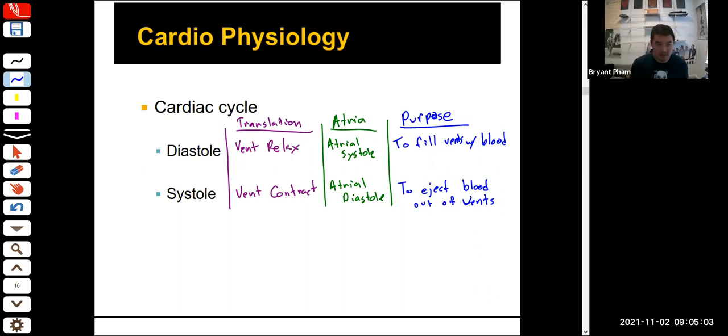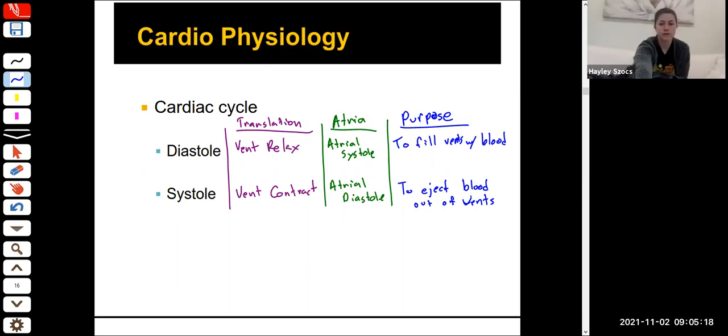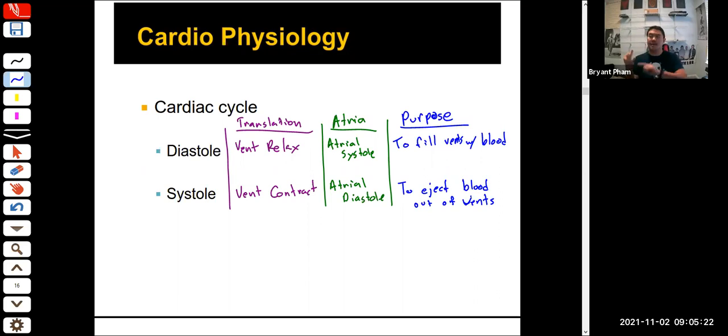And so this is what I'm talking about in terms of example questions. During systole, which valves have to be open? Your semilunar valves. So semilunar pulmonic, semilunar aortic. During diastole, which valves have to be closed?